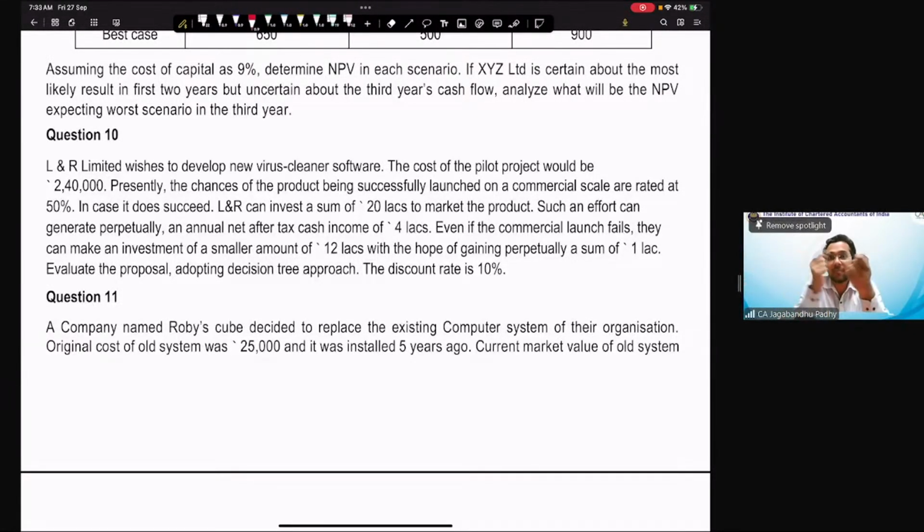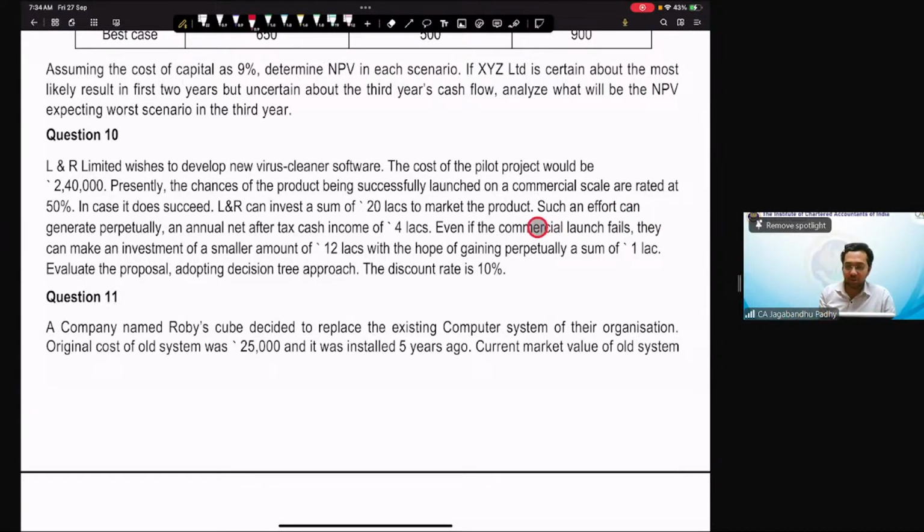There also we have different nodes. There also we have different scenarios. So L&R is going to invest this 20 lakh to market the product. And if that marketing activity succeeds, such an effort can generate perpetually an annual 4 lakh revenue every year till perpetuity.